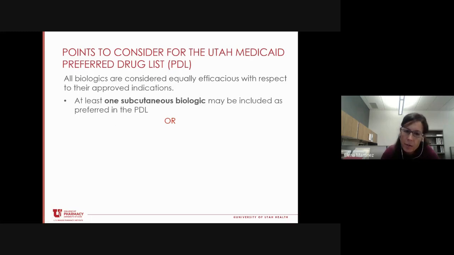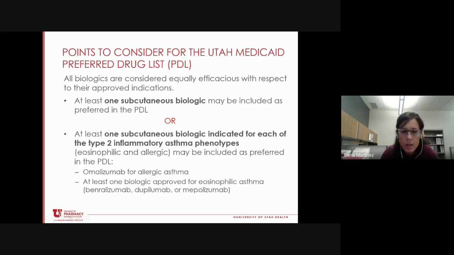Alternatively, at least one subcutaneous biologic agent indicated for each of the type 2 inflammatory asthma phenotypes, eosinophilic and allergic, may be included as preferred in the PDL. The P&T committee may consider a grandfather clause to allow patients currently receiving a biologic to continue on the same therapy.